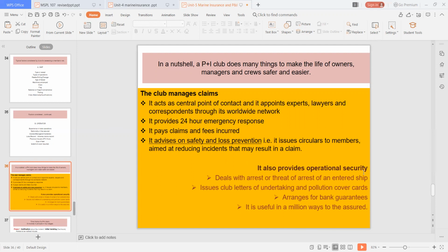It also provides operational security, deals with arrest or threat of arrest of an entered ship, issues club letters of undertaking and pollution cover cards, and arranges bank guarantees, useful in many ways to the assured. So, in a nutshell, what is the function and how does it act? What is the benefit of P&I clubs?